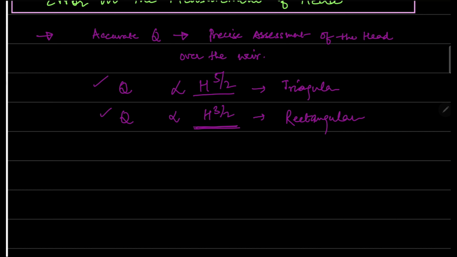So from these equations it is very clear that if any error occurs while measuring the head over the weir, then you are introducing some error in assessing the actual discharge. So let's discuss how we will assess such things.